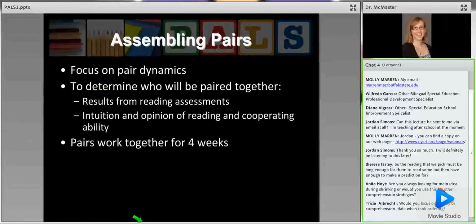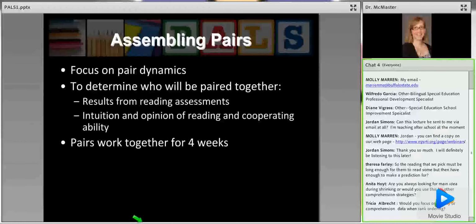And it's also good to think about pair dynamics. So use your intuition, your opinion of both their reading and their ability to cooperate with each other, and feel free to make changes if things don't work out right away. Generally speaking, pairs work together for about 4 weeks, and then you can go back and repair them.